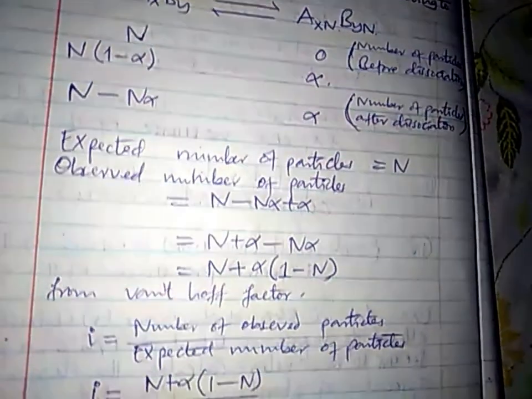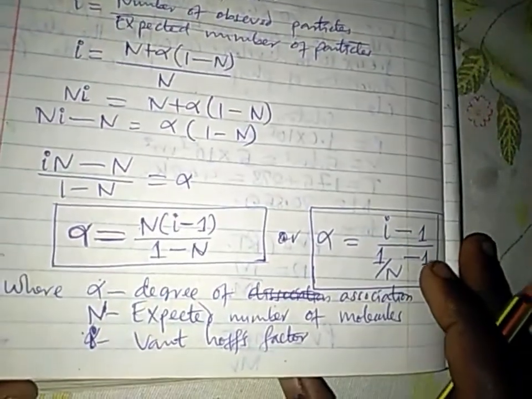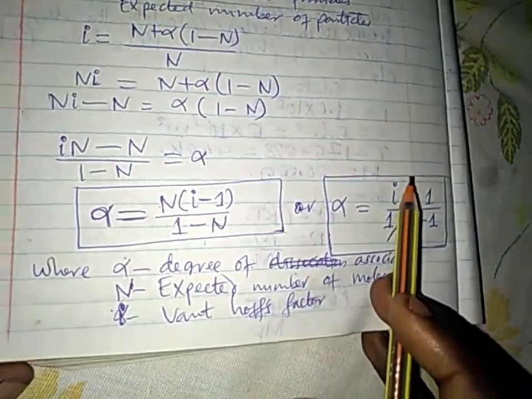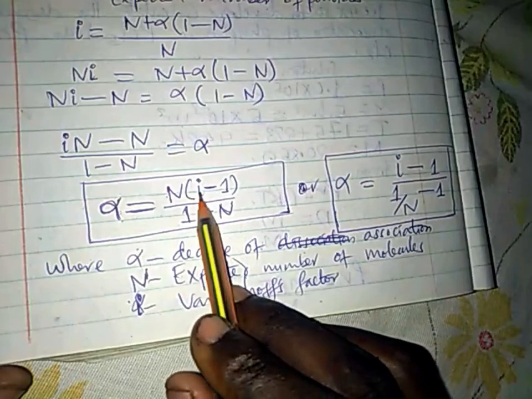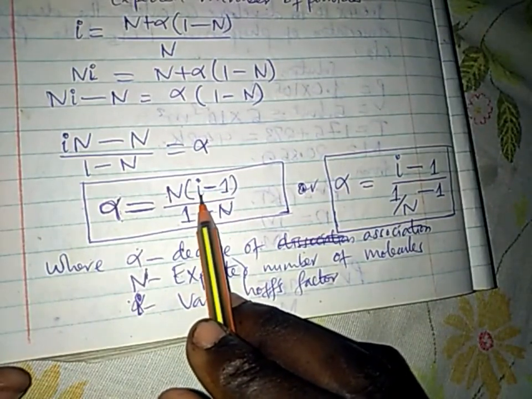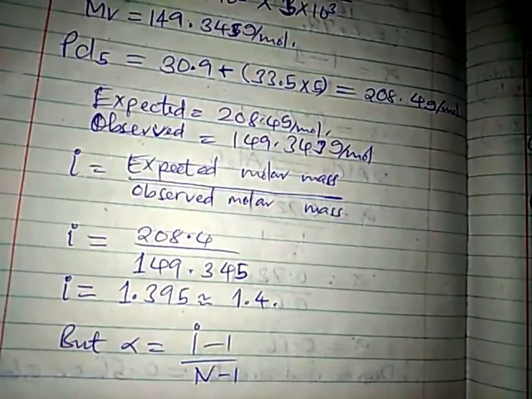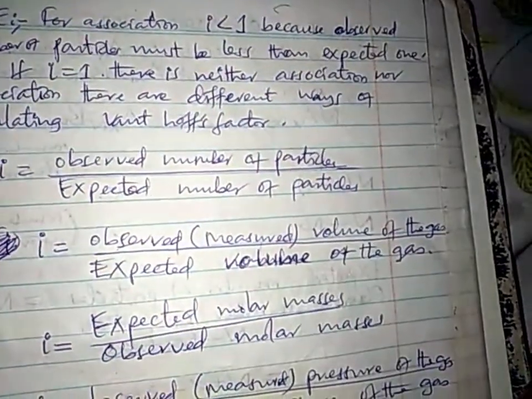Association, not dissociation, association. Kwa hiyo ambapo unaweza kaona derivation ndefu kidogo, lakini tumekuja kuishia pale kwamba degree of association is equal to pale. So Vantage Factor na vinginevyo tutaenda kuona tu kwa mbele, lakini kifupi tu ni kwamba lazima unajua kuhusu hizo concept za kucalculate degree of association pamoja na degree of dissociation.